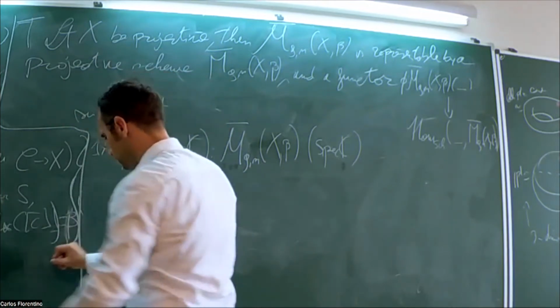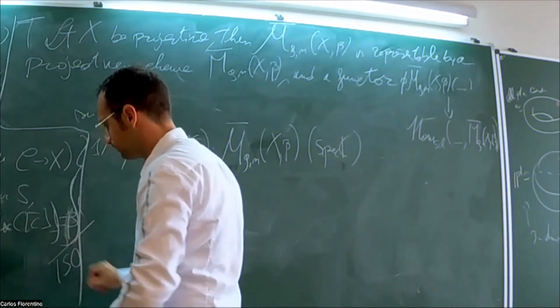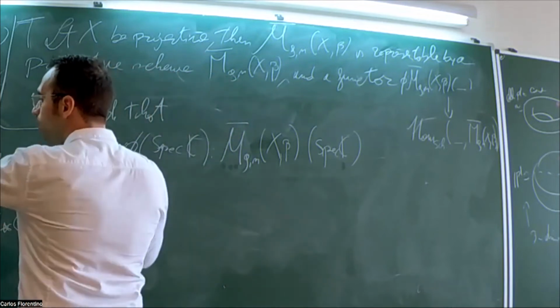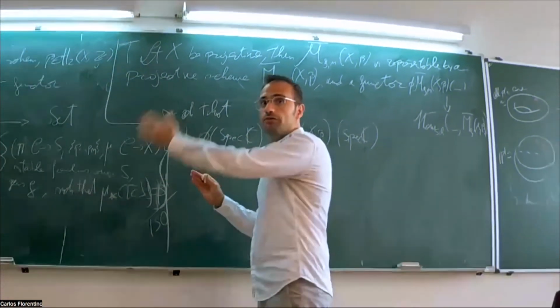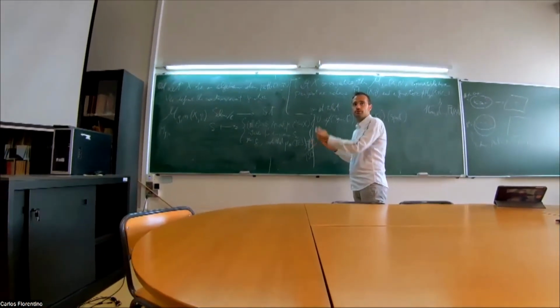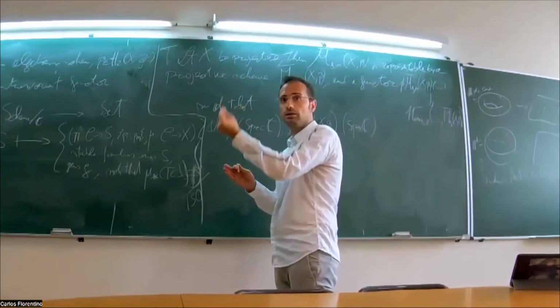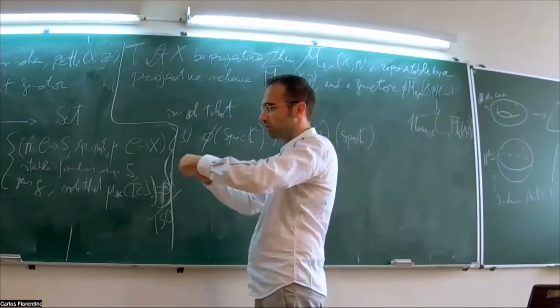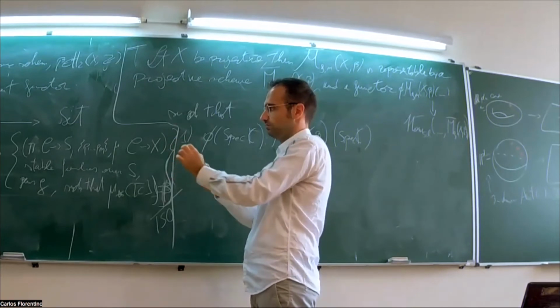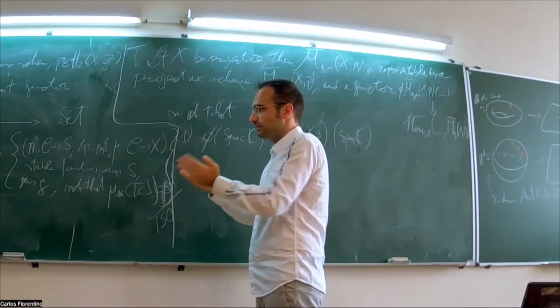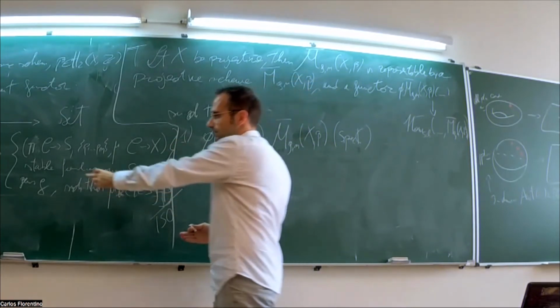That this is, modulo isomorphism, the whole set of stable maps, because the stable maps are not over S but over Spec C. So the stable maps, not stable families.